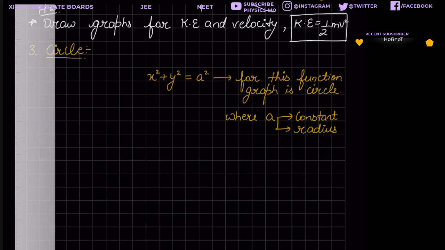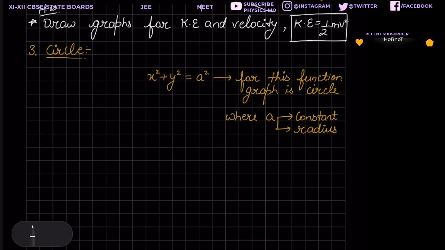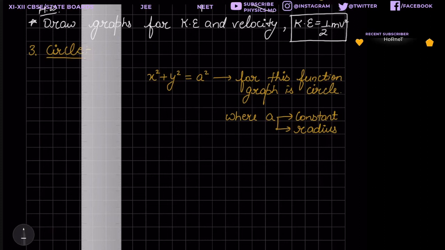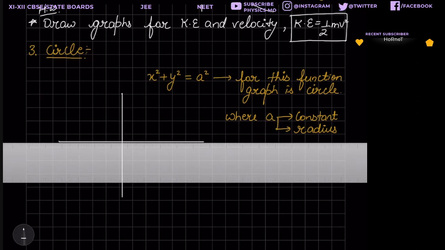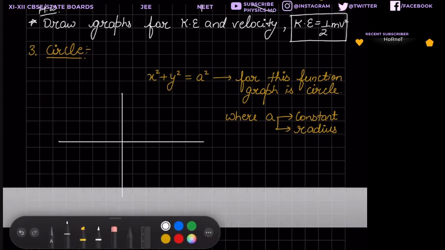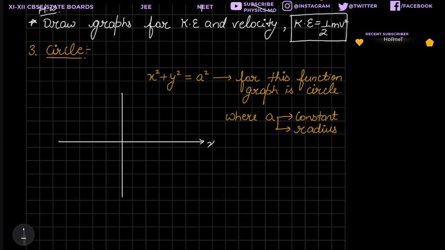Although you guys know what a circle looks like, we can still draw it. This is your x-axis, this is your y-axis, and if you are given such an equation, then the graph will look something like this, where this point would be a comma 0, this point would be 0 comma a, similarly minus a comma 0, and the final one which is 0 comma minus a.